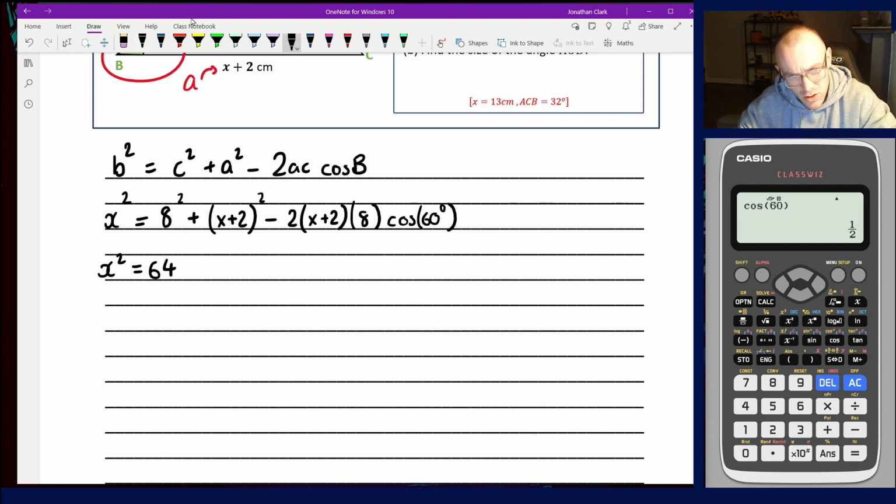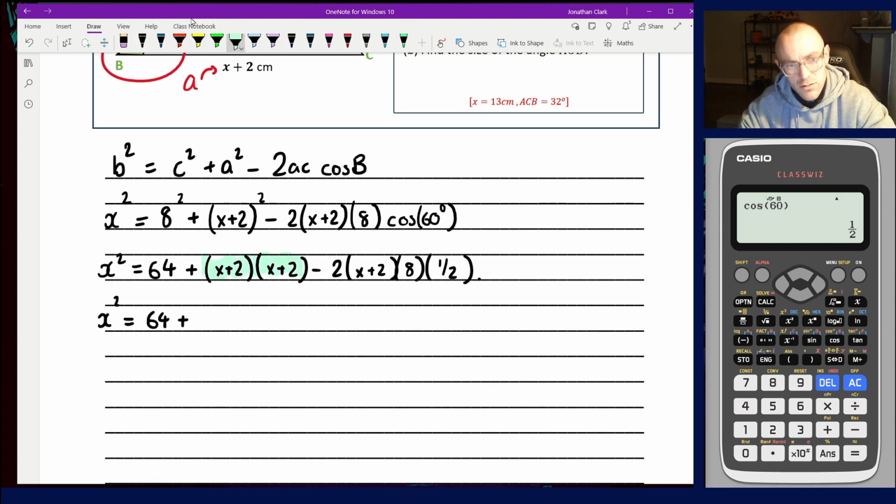Also going to work out 8 squared, and I'm going to write this as a double bracket along the way. Cool. Let's expand the double bracket. We get x squared, 2x plus another 2x plus 4.